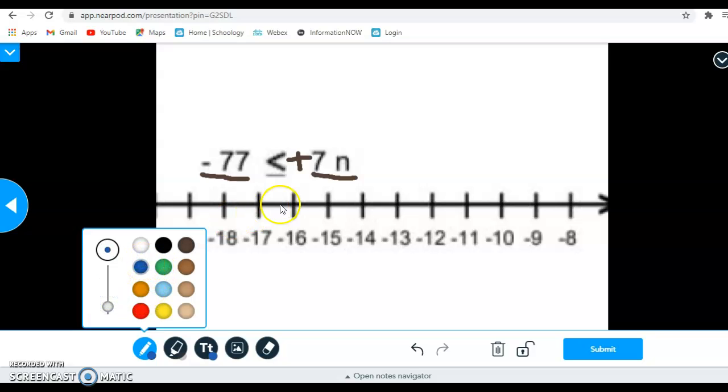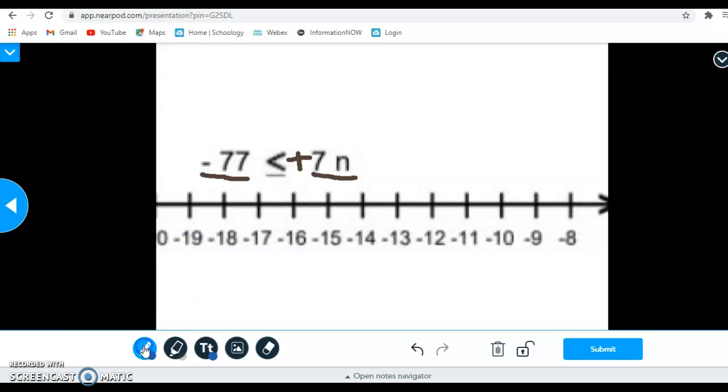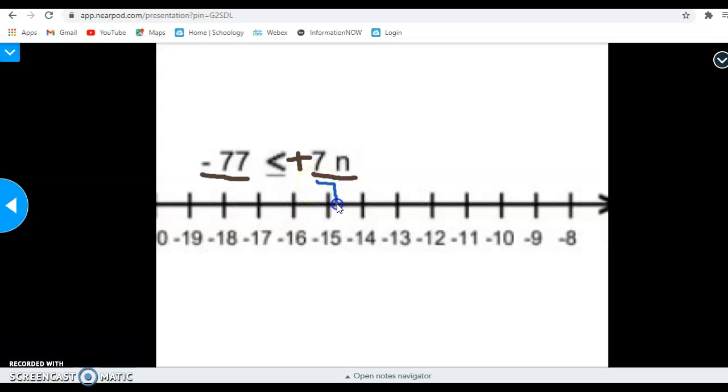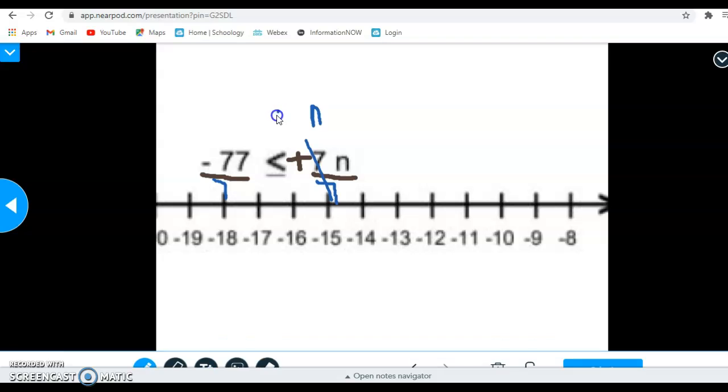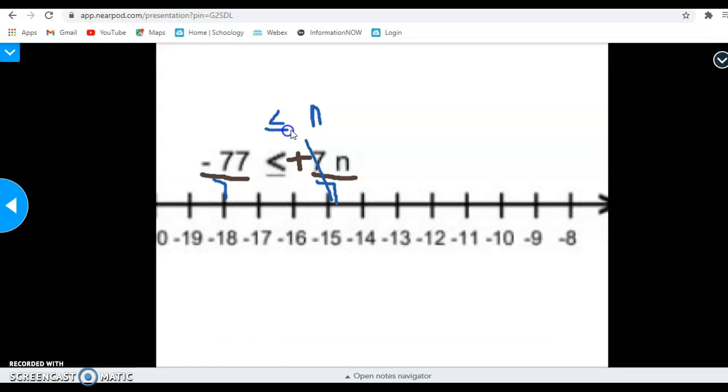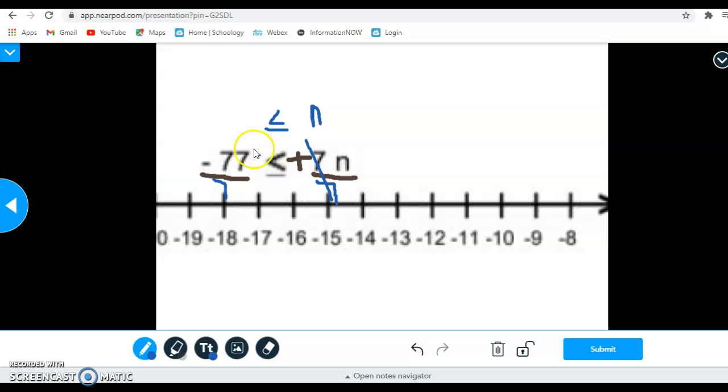In order to get rid of this 7 and get this n on the side by itself, we have to divide both sides by 7. When we do that, we're left with an n. And do we have to flip our inequality sign? No, we don't, because this 7 is a positive 7.